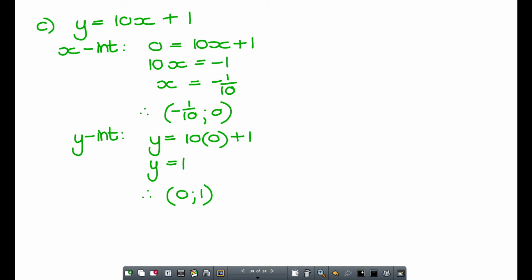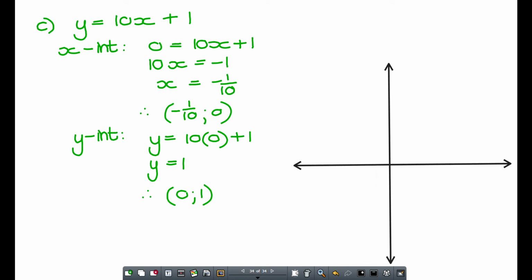Right, hands up, we're still copying. Right, people tell me when you're done, please, because I'm waiting and then class is making a noise. Have a look if you get the x-intercept. If you get the x-intercept, I make y 0. And that means that x will then be minus 1 over 10.